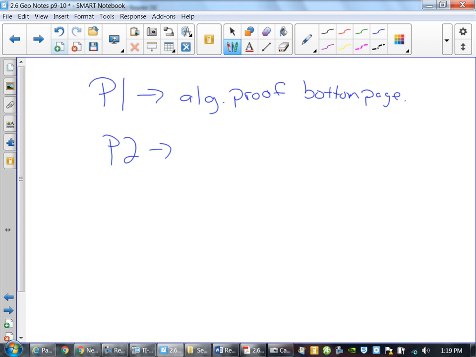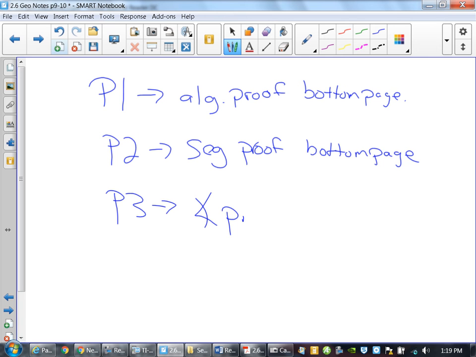I totally forgot to write down problem numbers when I was cutting and pasting all this together, so you just kind of have to bear with me here. On page 2 is the segment proof, on the bottom of the page. And on the 3rd page, it's the angle proof, on the bottom of the page.